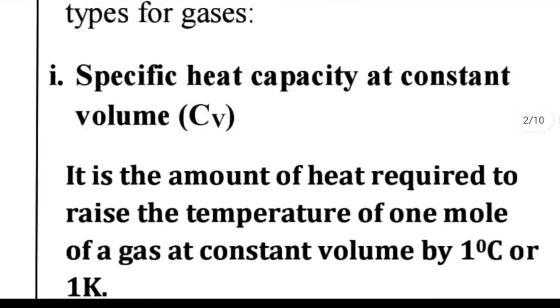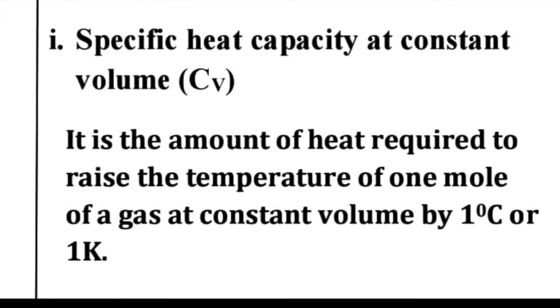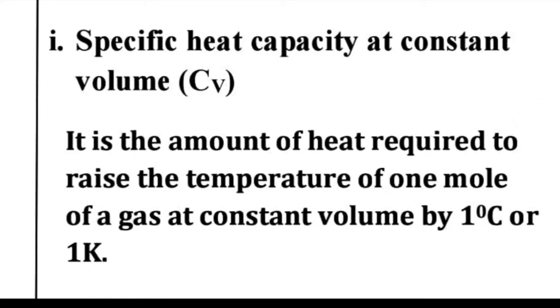Molar specific heat capacity at constant volume is represented by Cv. It is the amount of heat required to raise the temperature of 1 mole of a gas at constant volume by 1 degree Celsius or 1 Kelvin. That is how molar specific heat capacity at constant volume is defined.